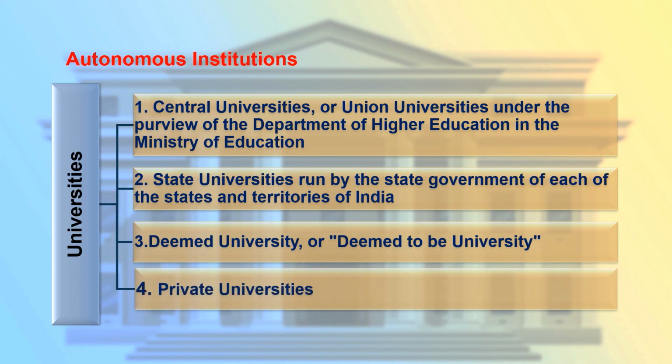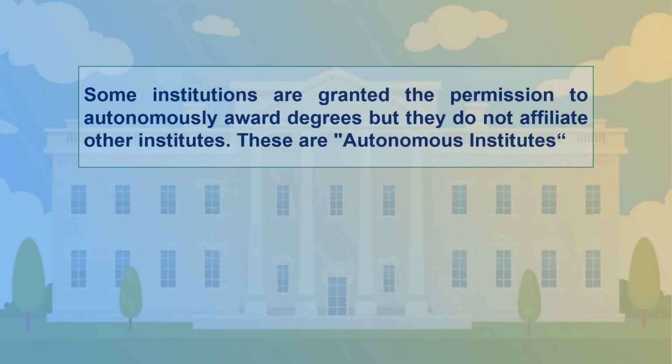The fourth one is the private universities. These are approved by the UGC. As on August 2021, there are 388 private universities. Again, some institutes are granted the permission to autonomously award degrees, but they do not affiliate other institutions.